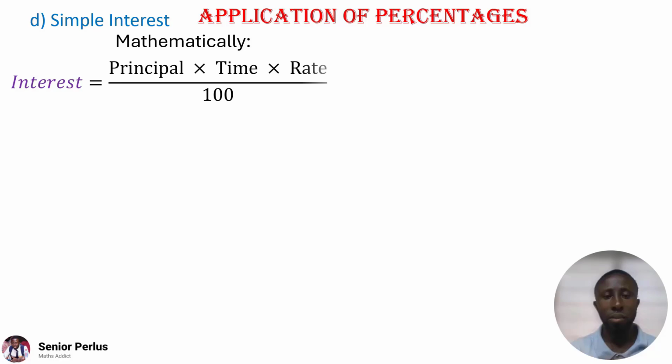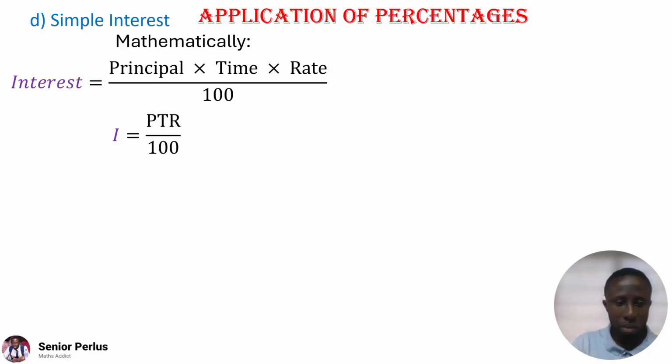Mathematically, interest is principal times time times rate out of 100. That's PTR out of 100. Because the rate is a percent, that's why we have 100 there. Now we can make P the subject.